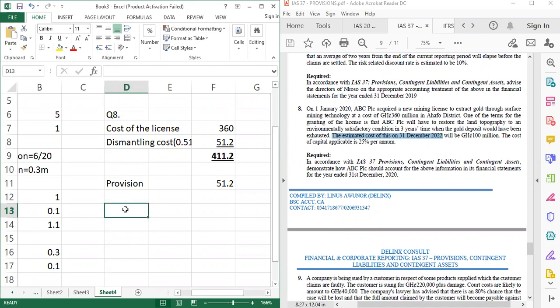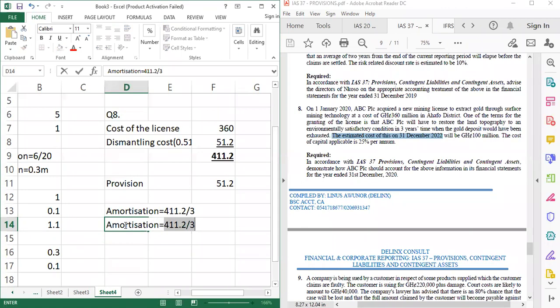So we now calculate amortization on the license. We amortize the license over the life of the license, 3 years. Amortization will be 411.2 divided by 3.